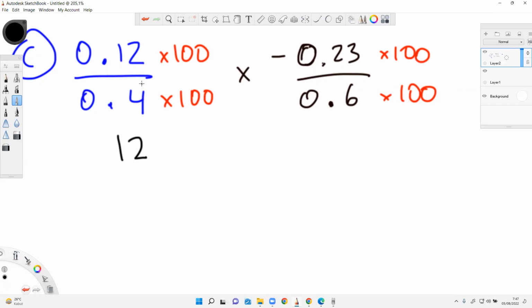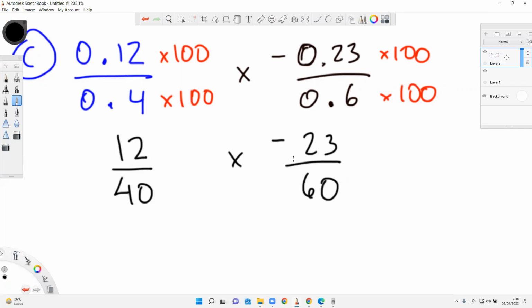Itu primary 4 ya. Primary 5 or 6 gitu. Itu 12 over 40. Dang, that's not 3. That's 0.3, right? Negative 23 over 60, right? So you can put the negative away for a while, dicuekin dulu guys.